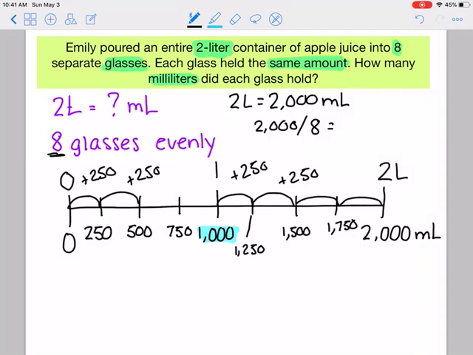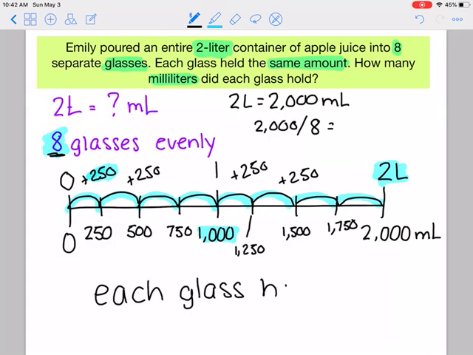Now, what we just figured out is that every time you move on the measurement scale, you are adding 250. And we did that 1, 2, 3, 4, 5, 6, 7, 8 to get to 2 liters. Well, there is your 8 glasses. So each glass has 250 milliliters in it.